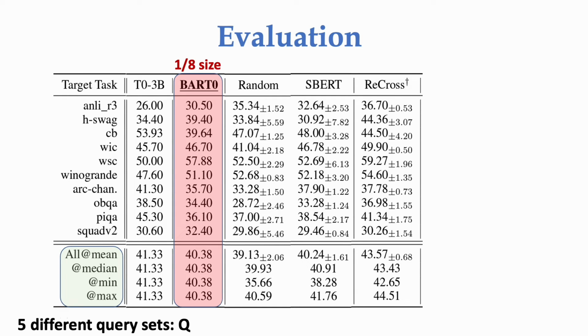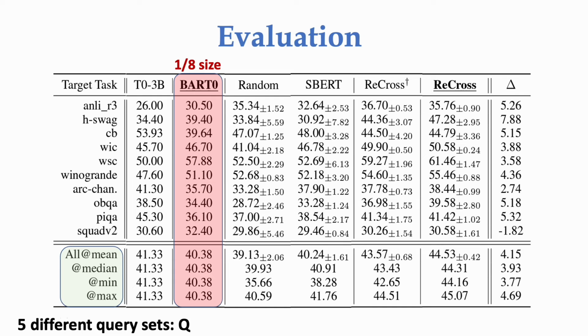And if we look at the maximum performance of the ReCross index, it is improved by 4 points. And this is the full version of our ReCross project, and we can see the performance is further improved by 1 point on average, and also it's about 5 points compared to the BART0 on the maximum dimension.